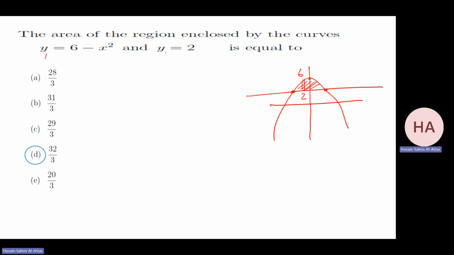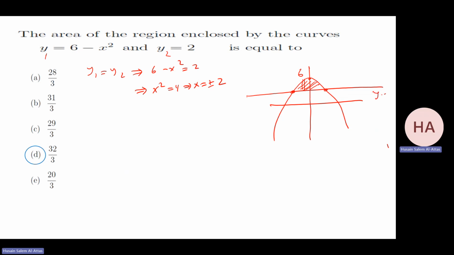So I equate the two. y1 equals y2. So you have 6 minus x squared is equal to 2. So x squared will be equal to 4. So x equals plus or minus 2.